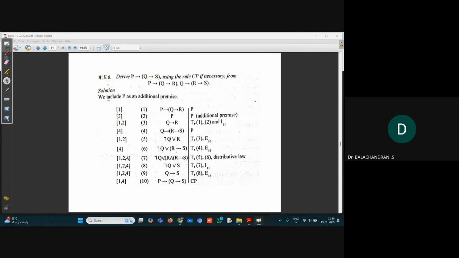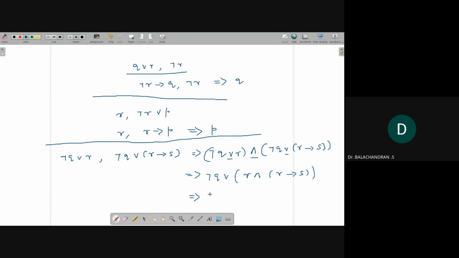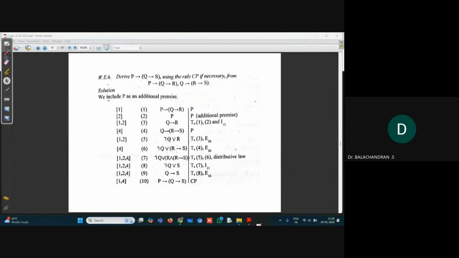Next step from here to here. I'll get negation Q or (R and R → S), and R and R → S is what? S. So negation Q or S is what?